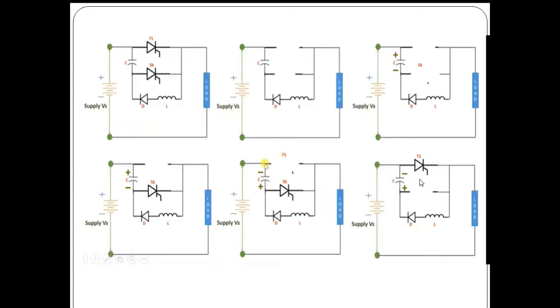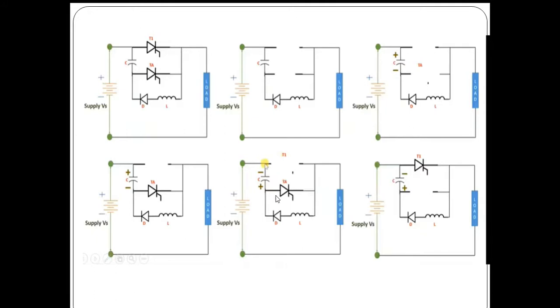For that, as the thyristor T1 is forward biased, the capacitor will discharge through this closed path and the capacitor will be charging in the reverse polarity. And to turn off T1, we are turning on auxiliary thyristor TA. Capacitor voltage will appear in reverse direction to the main thyristor and T1 will be turned off.